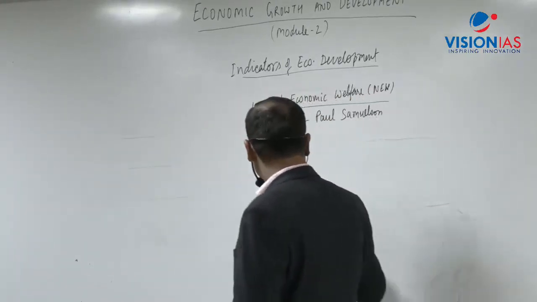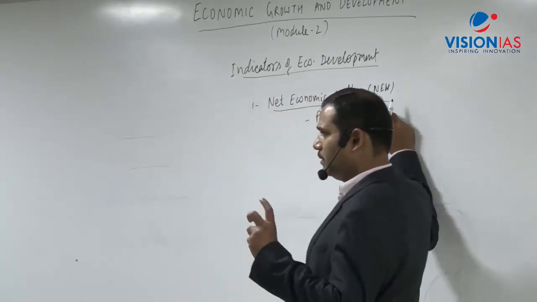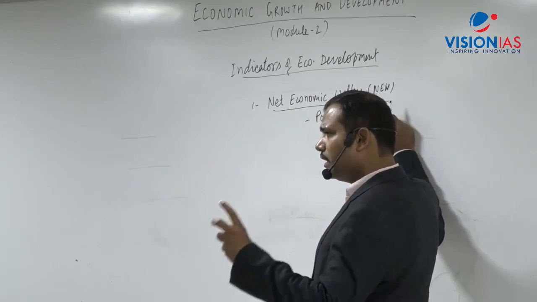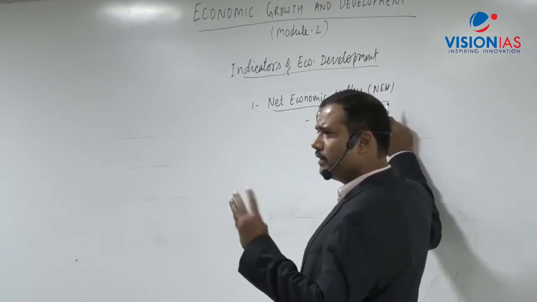Okay, what is net economic welfare? Actually, Paul Samuelson made some changes in GNP to make it a better reflector of economic welfare or economic development. So he added and subtracted something, simply.